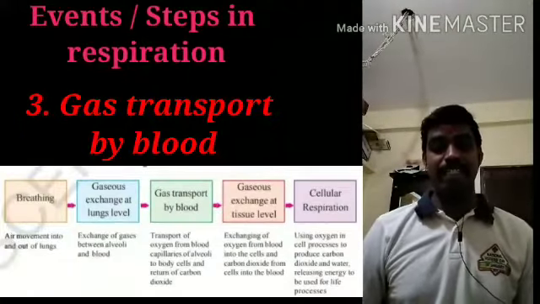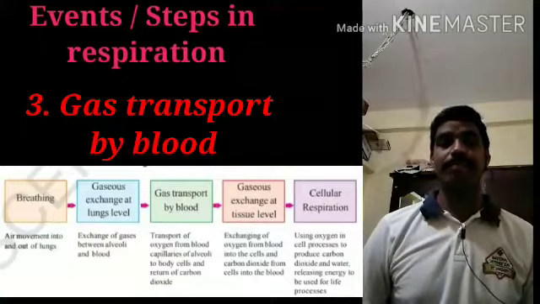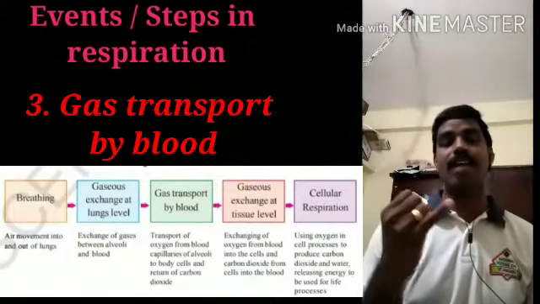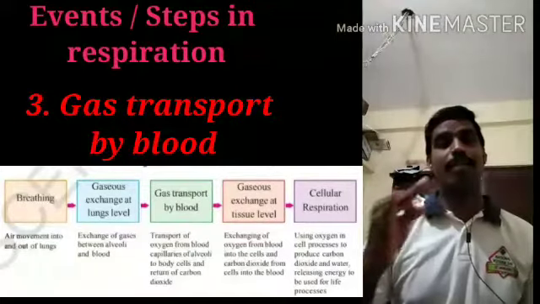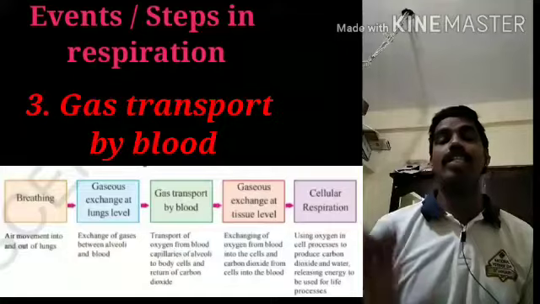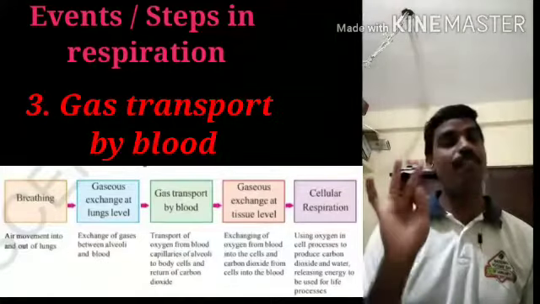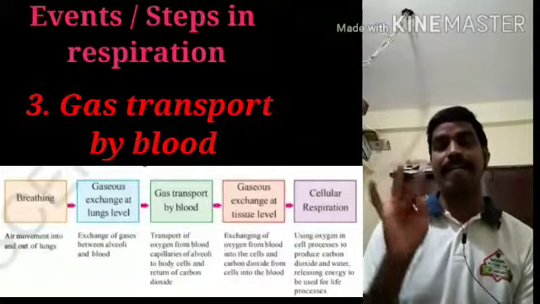The next step is gases transported by blood. First, oxygen enters into the lungs. Second, oxygen enters into the blood. Third, that oxygen is transported towards the tissues with the help of blood. That we call gas transported by blood.